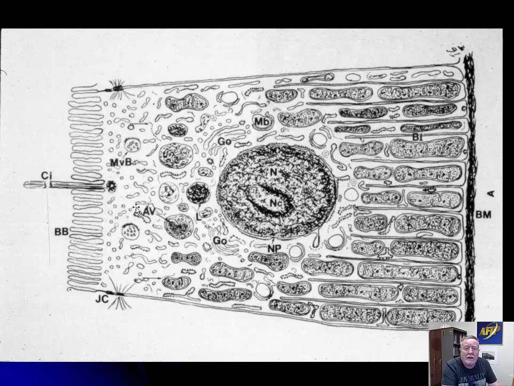Okay. This cell has a lot of mitochondria. This particular one is oriented at the bottom near the basement membrane, which is what we characteristically will see with the proximal tubular epithelium, something that has a profound secretory activity. But we just put them all down here so they don't clutter up.